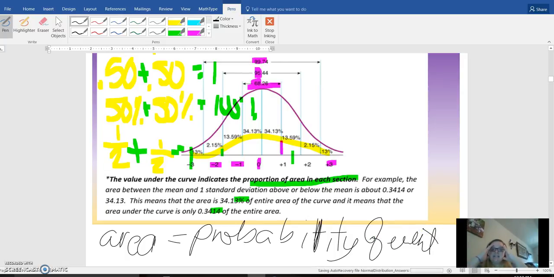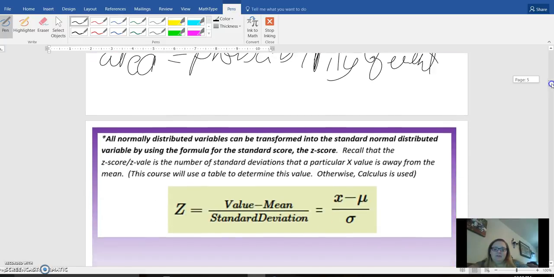I cannot stress that enough. When we find the area, area to the left, area to the right, area between two values, what we're actually finding is the probability that it will occur. I cannot stress that enough. When we find area, we're really finding the probability that an event's going to occur.